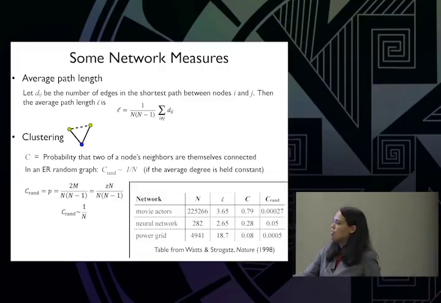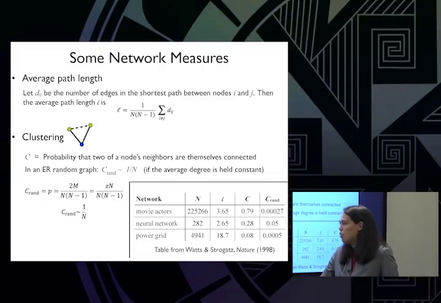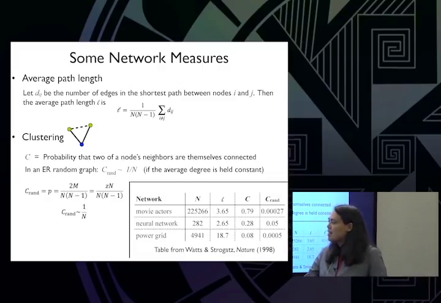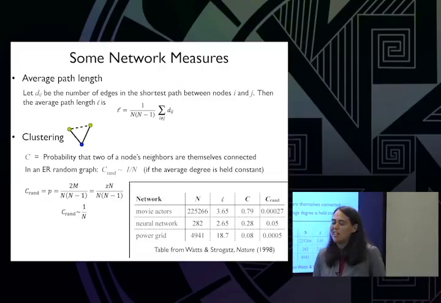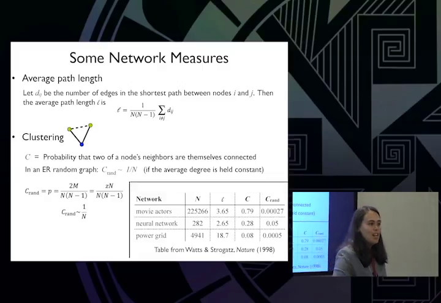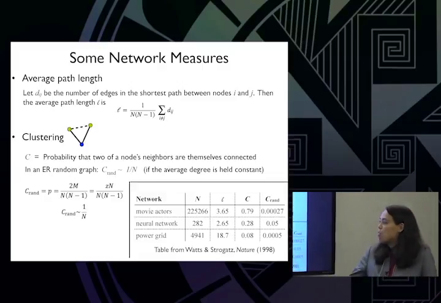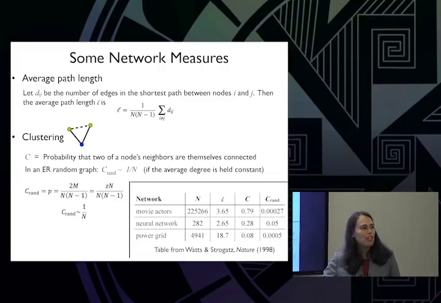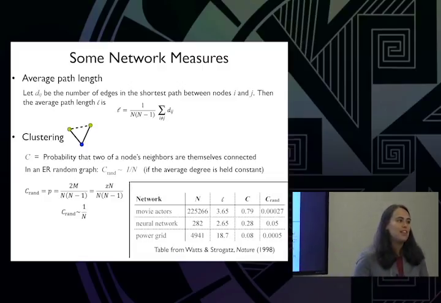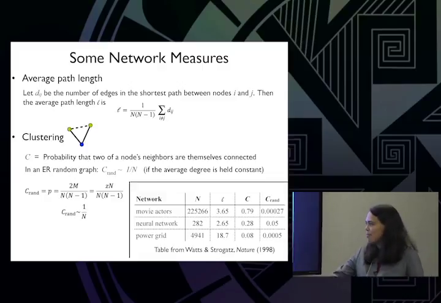The number of nodes is listed here, over 200,000 in this database. The average path length is just under 4. The clustering coefficient for this network is 0.79, which sounds big as it is, but it sounds even bigger when you realize what we compare it to: the clustering coefficient for a random network with the same number of nodes and edges.